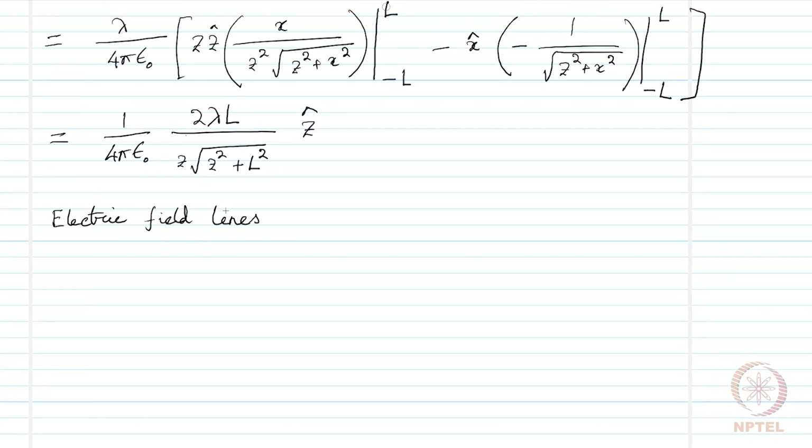If we consider a single point charge of magnitude q located here, the electric field corresponding to this single point charge can be written, as we have learned from Coulomb's law.